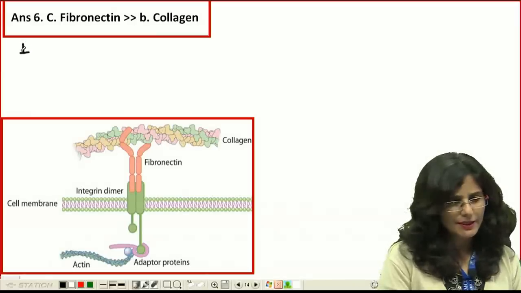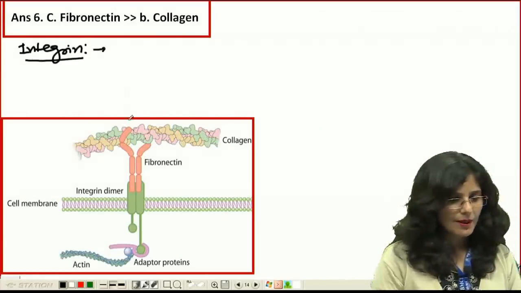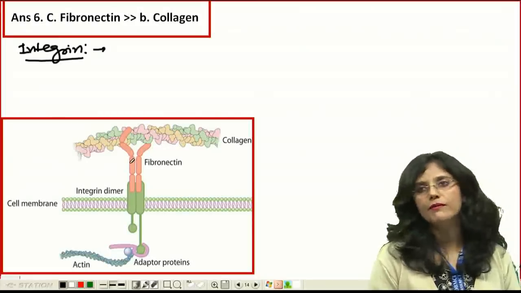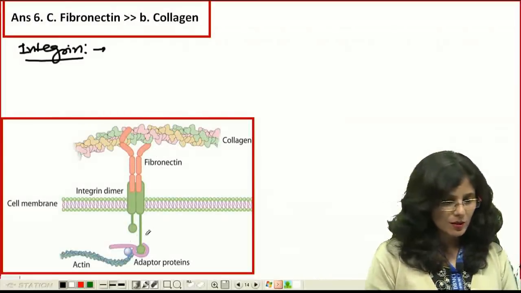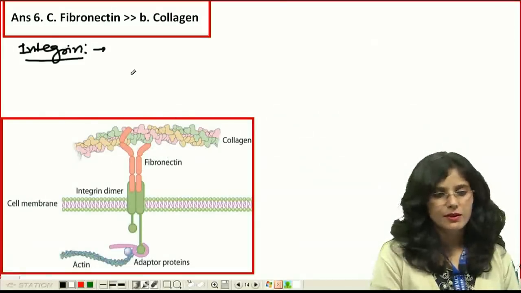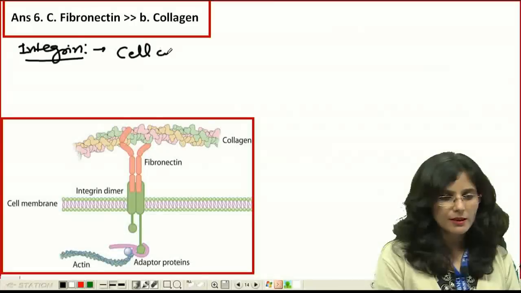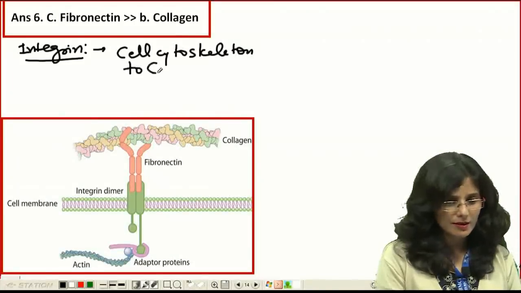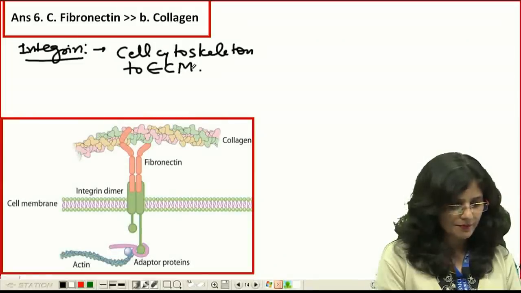A little bit about the integrin. The integrin is a protein which connects the cell cytoskeleton to the extracellular matrix.